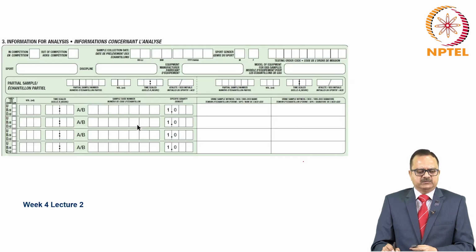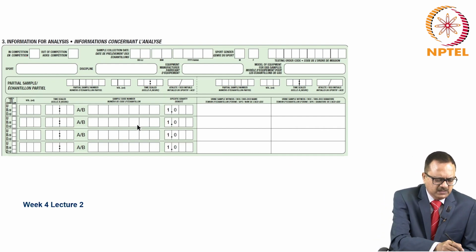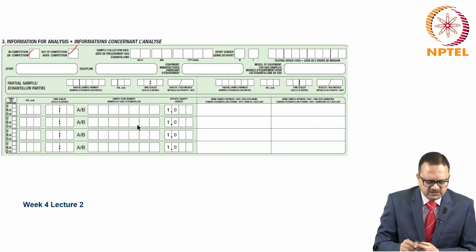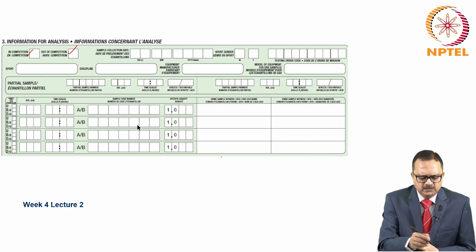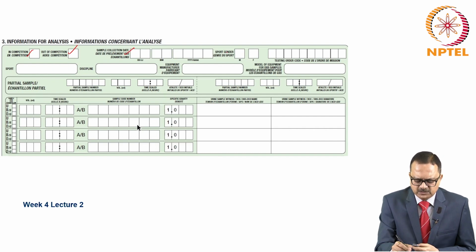This is part 3 of the form wherein you are asked for information for analysis. First thing you are asked to fill is whether it is an in-competition test or out-of-competition test. Then the DCO has to fill the sample collection date, the sport and the gender, testing order code.